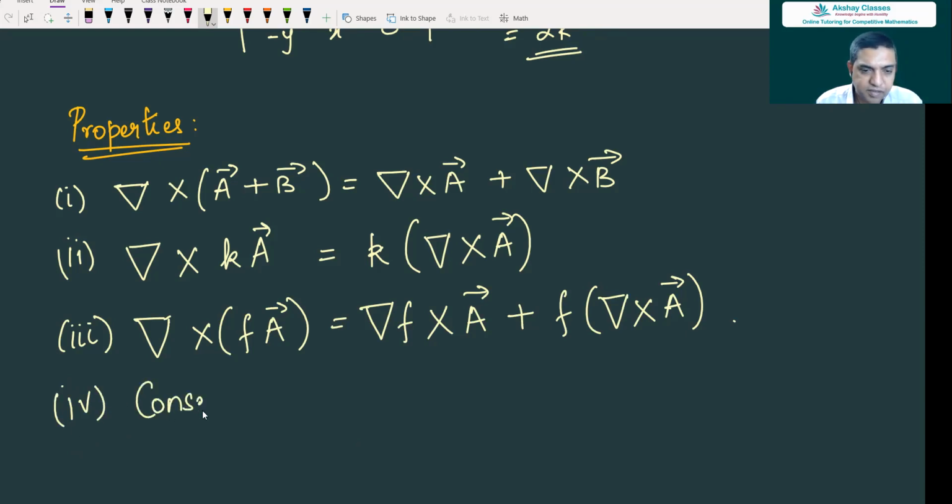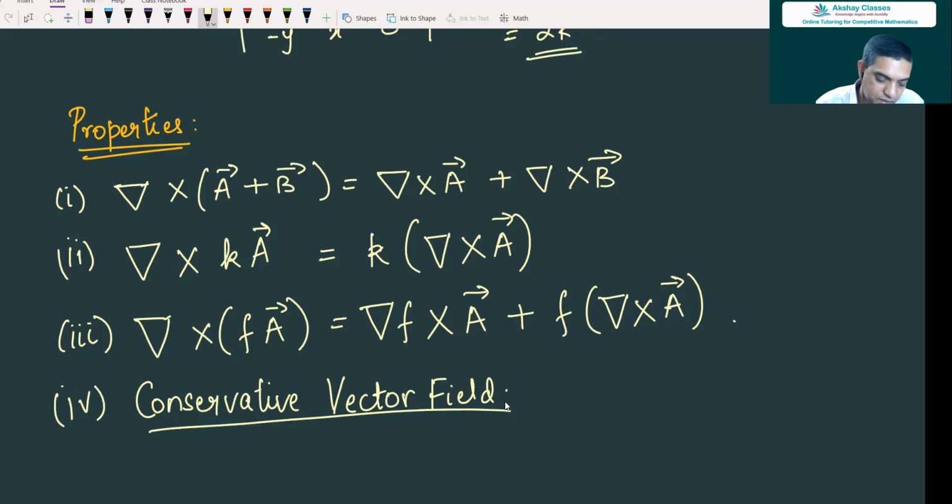Conservative vector field. Now, v bar. For that, curl of v bar, that is del cross v, will be 0 for a conservative vector field.